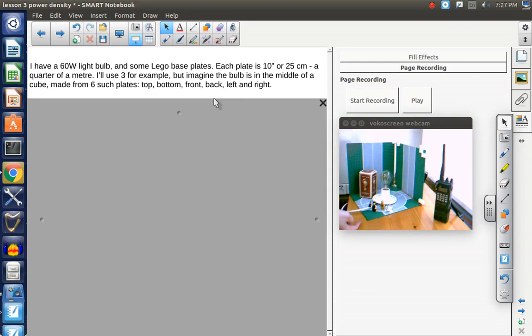And I've arranged these in a sort of a cube, and I want you to keep this cube idea in mind. So if I had 6 plates covering all 6 sides and the light bulb inside, I'd have top, bottom, front, back, left, and right. I've got my Star Wars minifigures there as a homage to yesterday's May the 4th.